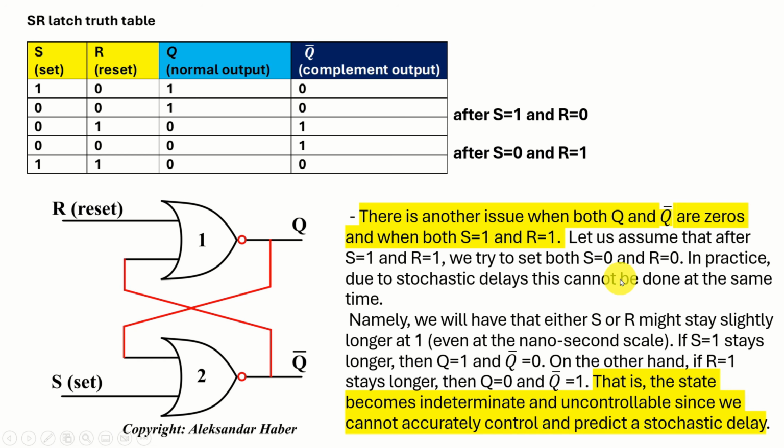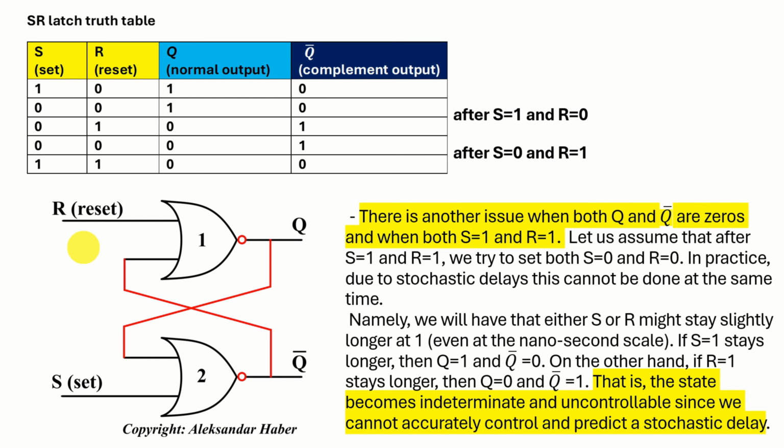There is another issue when both Q and Q bar are zeros and when both S is equal to 1 and R is equal to 1. Let us assume that after S is equal to 1 and R is equal to 1, we try to set both S to 0 and R to 0. In practice, due to the stochastic delays, this cannot be done at the same time. Namely, we will have that either S or R might stay slightly longer at 1.